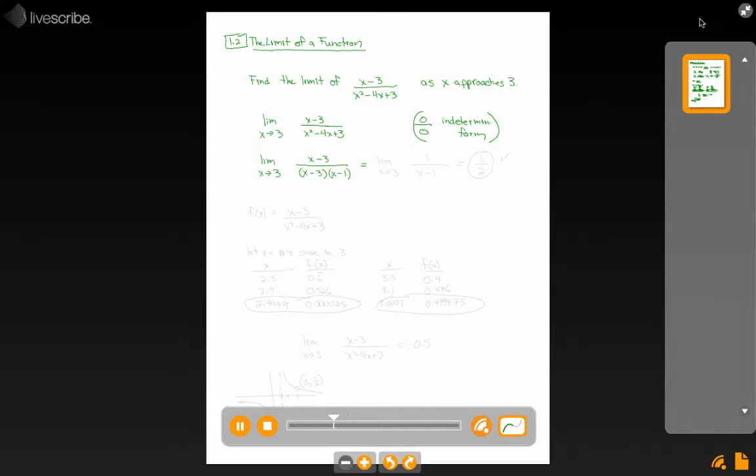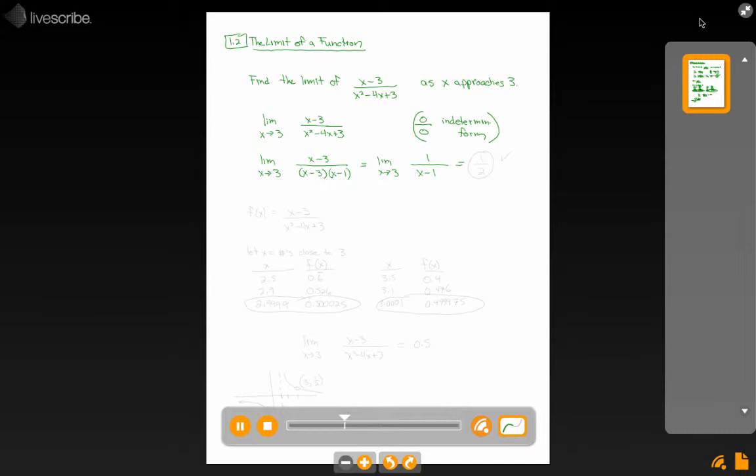But we're not talking about when x equals 3, we're talking about the limit as x approaches 3. And so the smartest way to go about doing this is to say, the limit as x approaches 3 of, cancel out the common factor top and bottom, 1 over x minus 1.